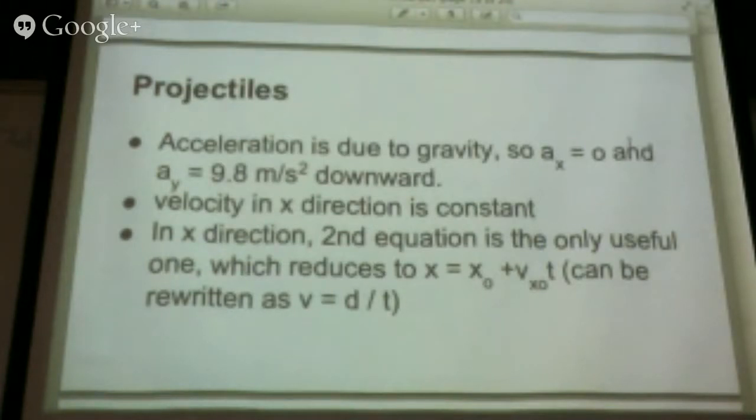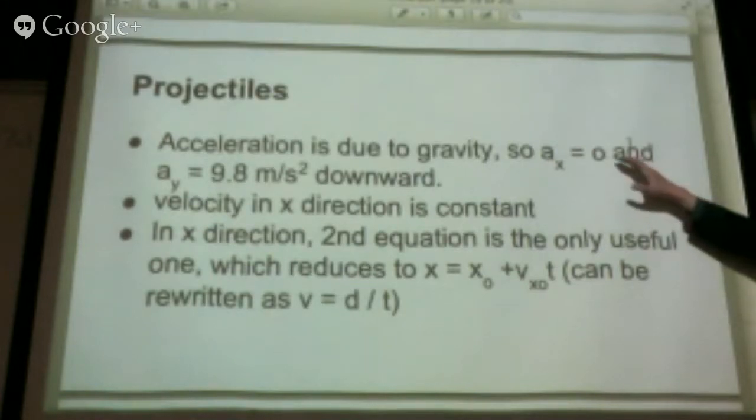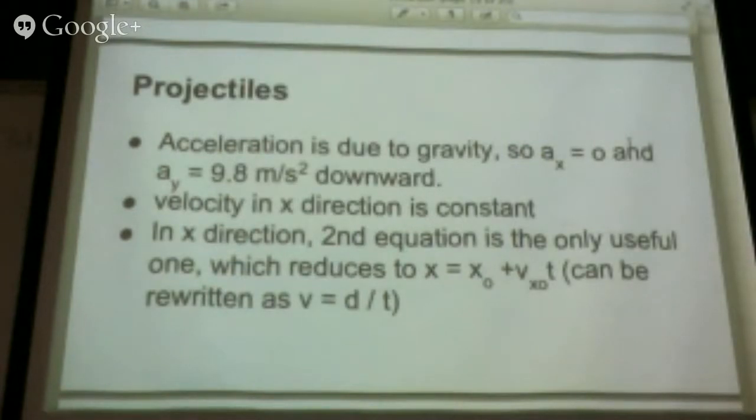So typically we're going to see acceleration in the x is 0, and in the y is 9.8 meters per second squared downward. Since acceleration in the x is 0, the velocity in the x direction is constant, which means in those equations we get a lot of terms that cancel out for the x direction on the projectile stuff.